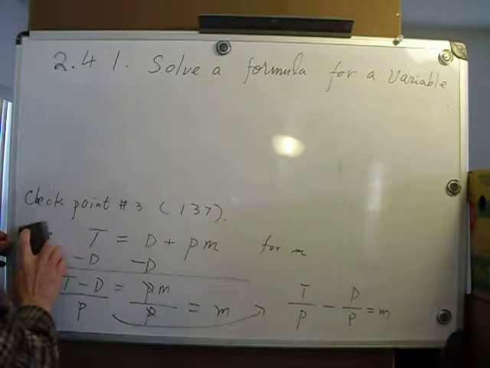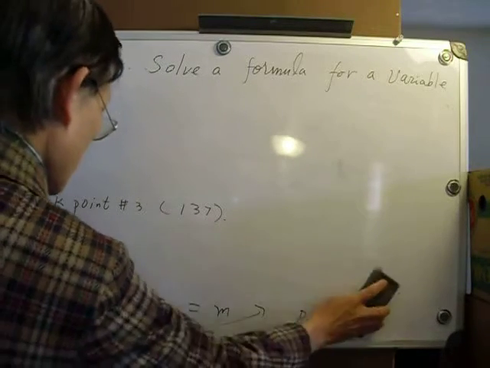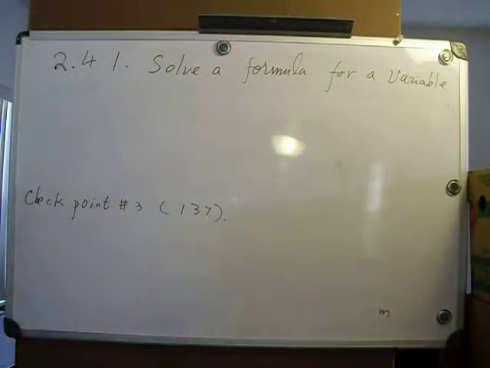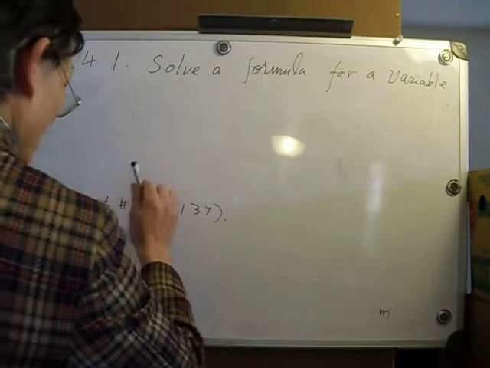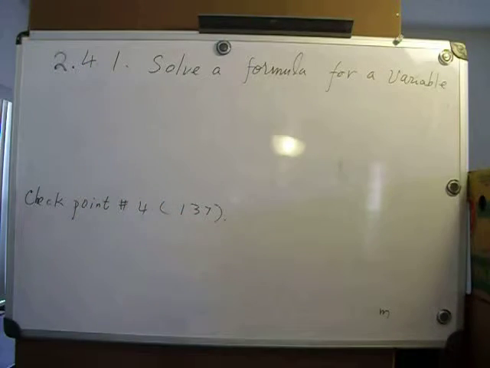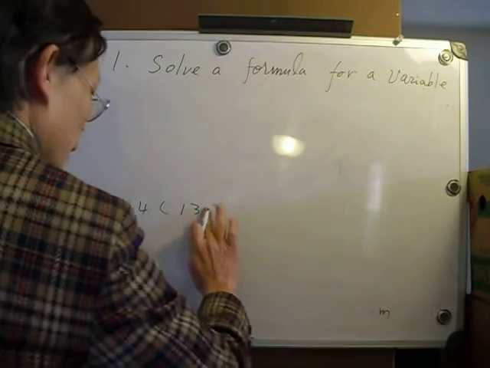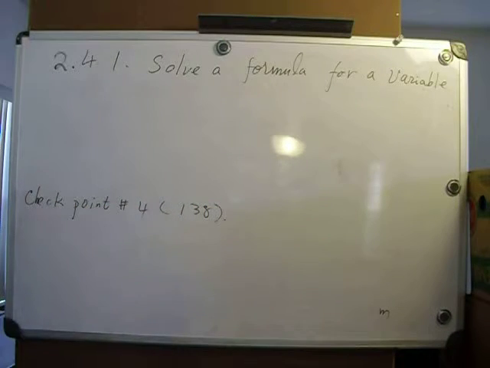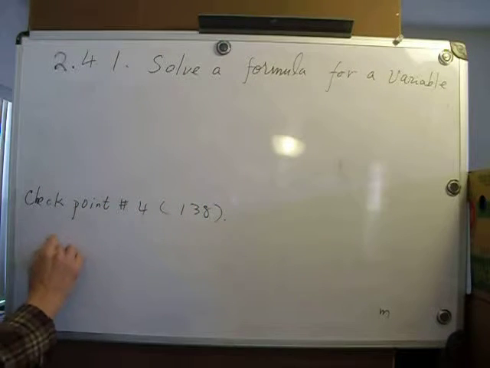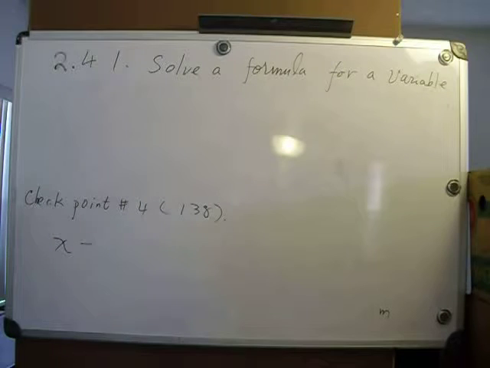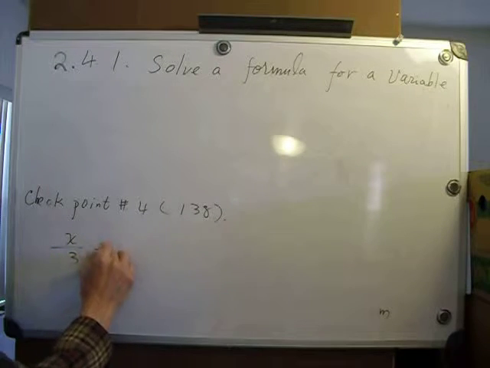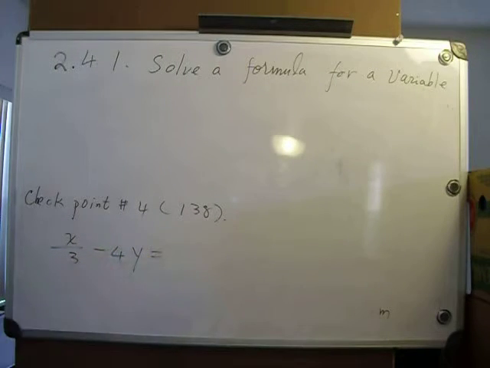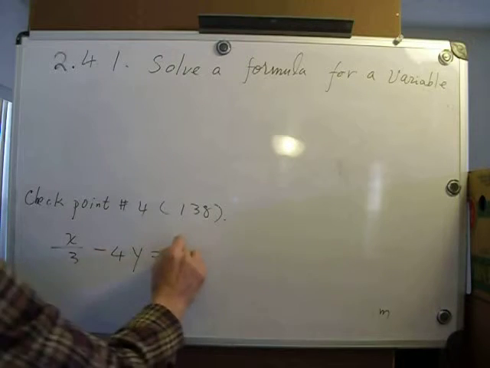Next problem, we want to get into checkpoint number 4. This is on page number 138. The problem involves a fraction. Solve for x: x over 3 minus 4y equals 5.